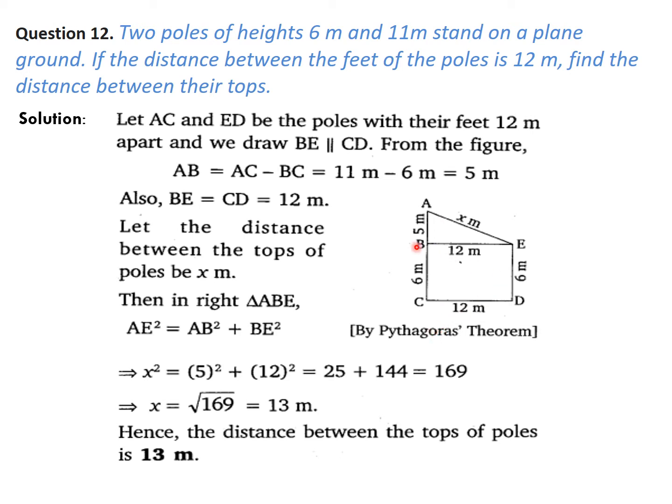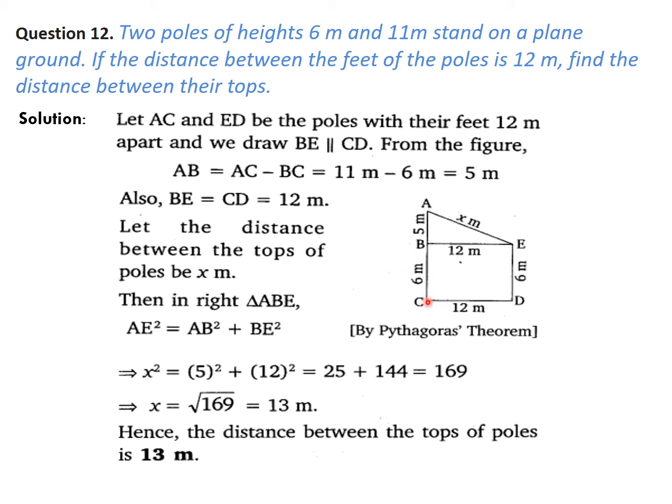Now if we draw BE parallel to CD, which is the ground, then we can easily say that we have formed a rectangle. That means ED, which is 6 meters, is equal to BC. Let this point be B. So if this is 6 meters, this part will also be 6 meters.